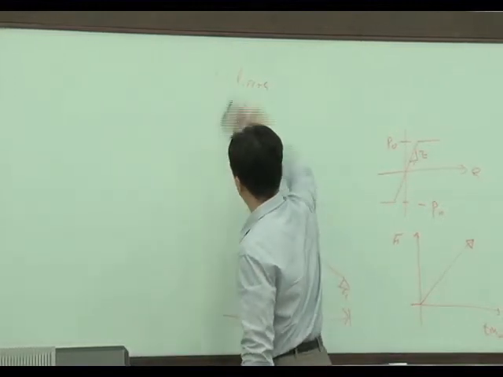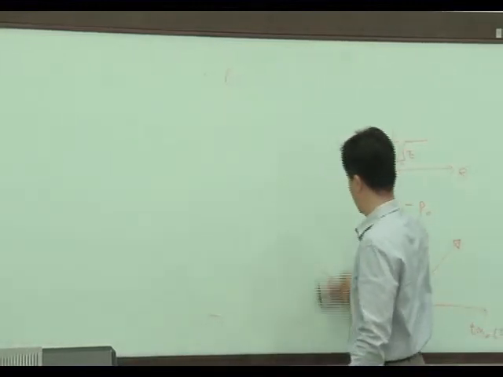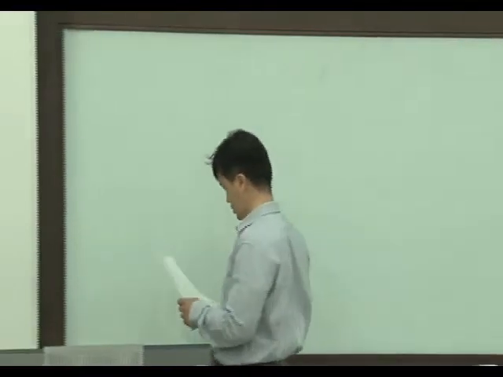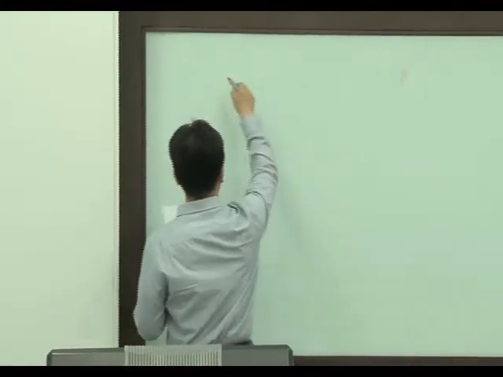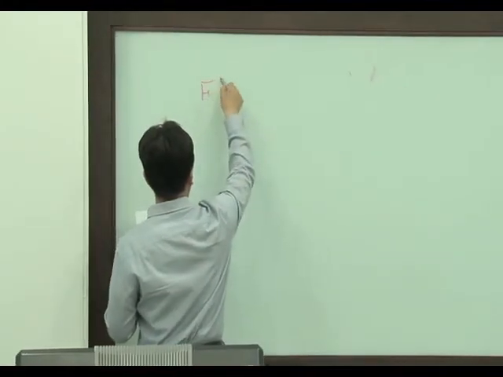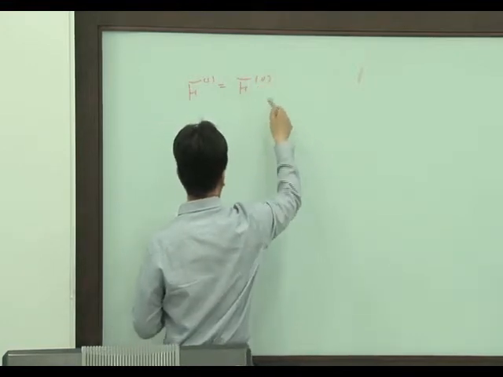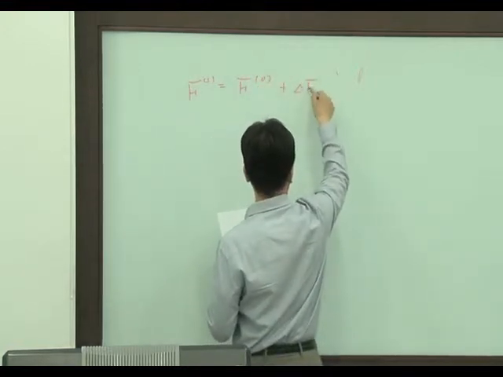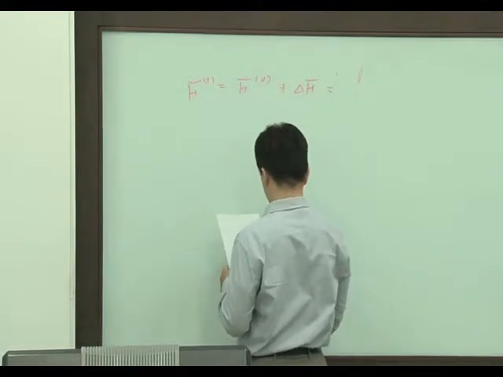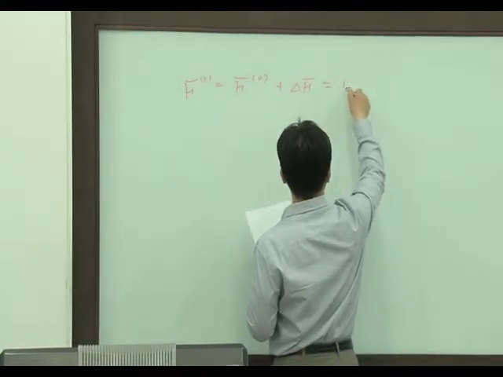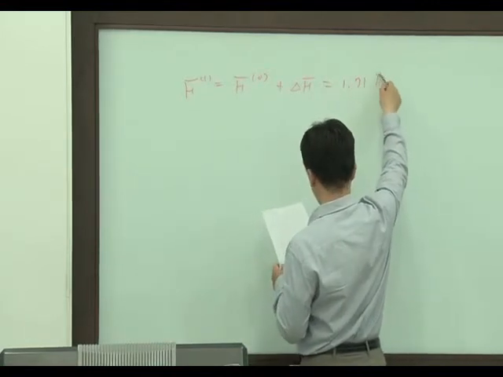So if I summarize, F1 equals F0 plus delta F equals 1.71 P0.